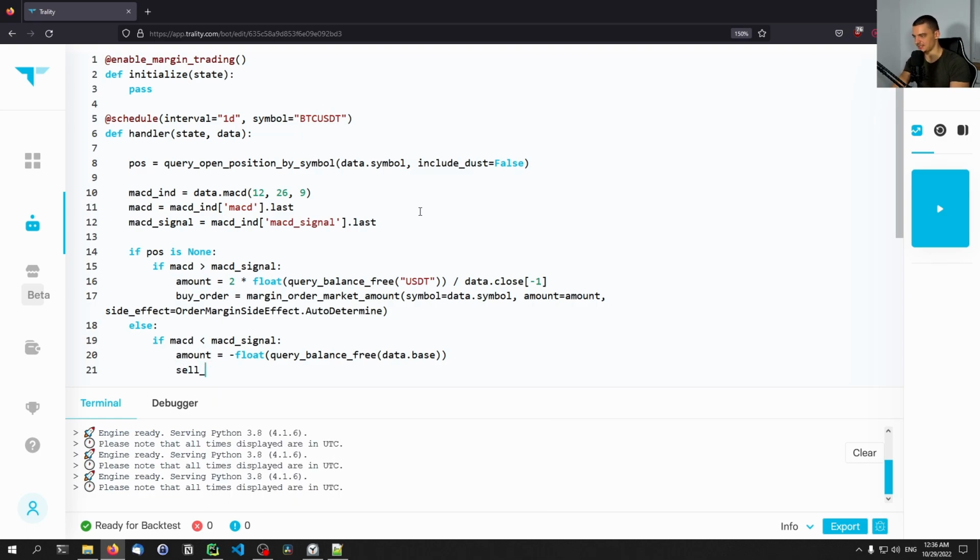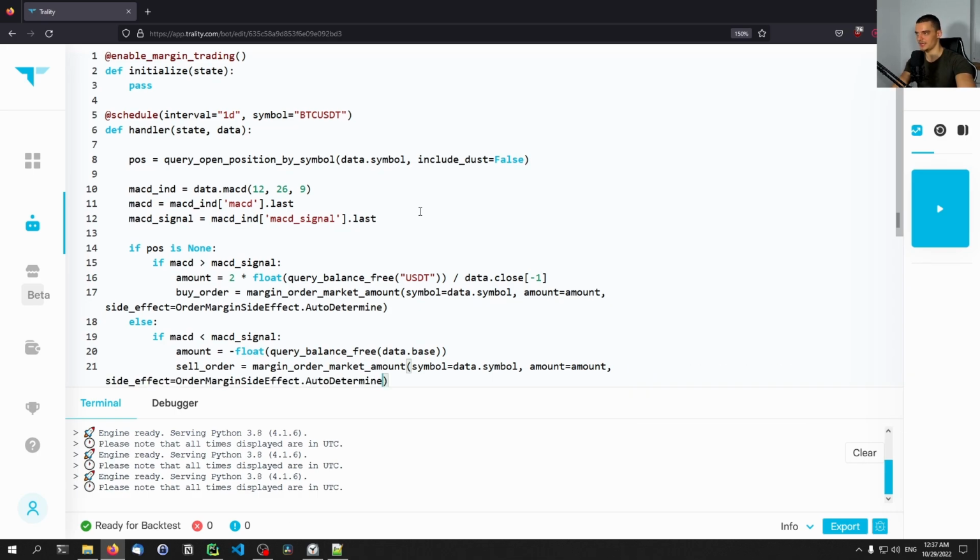And then we're going to say sell order equals margin order market amount, symbol equals data symbol, and then amount equals amount. We're going to try to sell everything to repay the loan. And then the side effect is going to be again order margin side effect auto determine. So I hope I didn't make any mistakes.